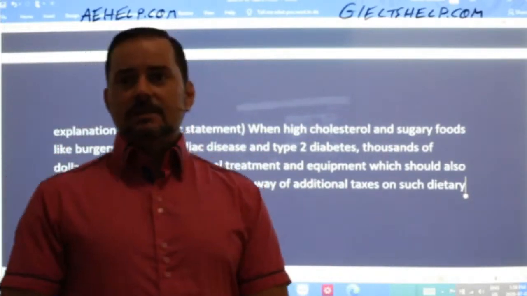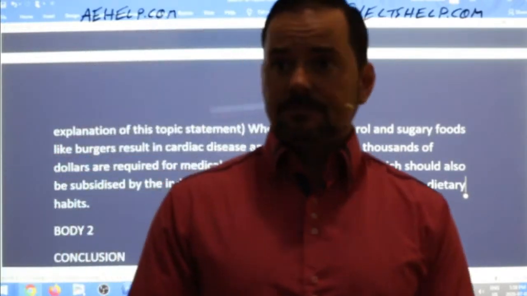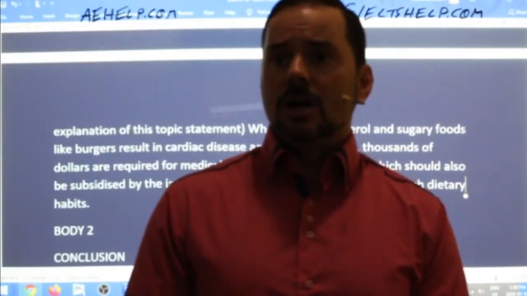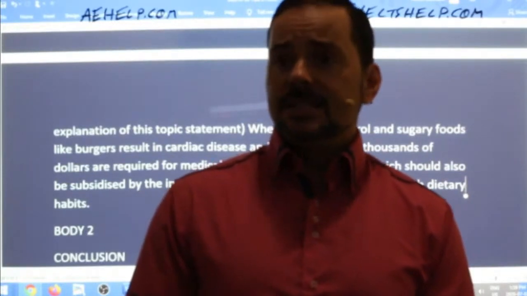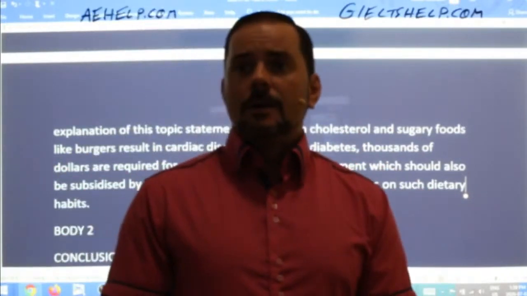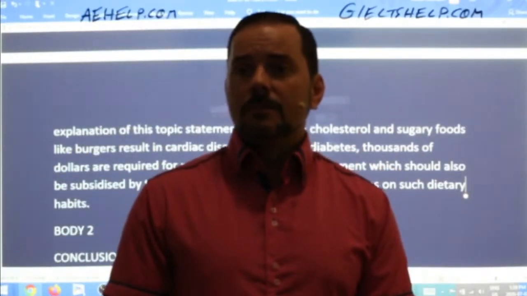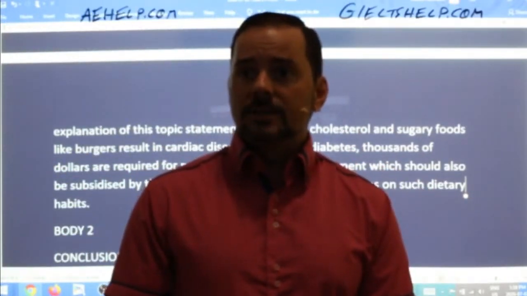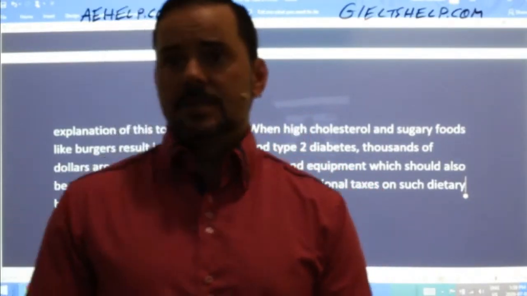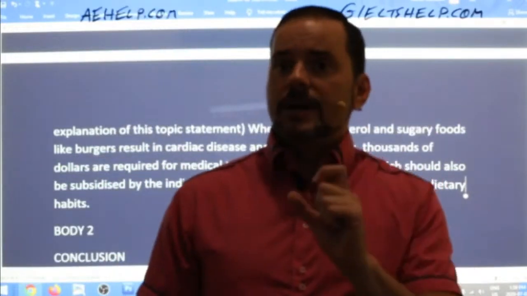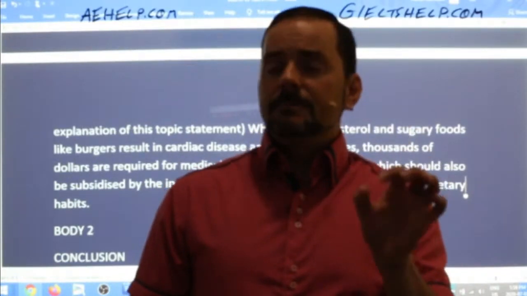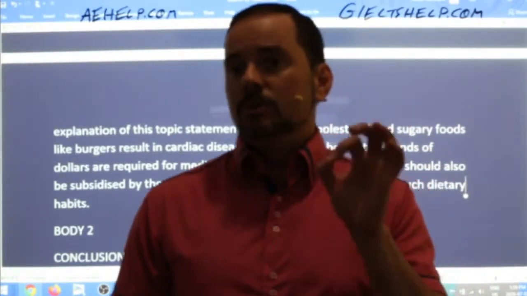Abhishek says, because of fast food eating habits of people, not only thousands of people are admitted all around the world to hospitals to cure diseases like diabetes and high blood pressure, but also millions of dollars are spent from government reserves, which are collected through different types of taxpayer resources. And then Abhishek finished the idea. So it is only fair that people with such eating habits contribute more.